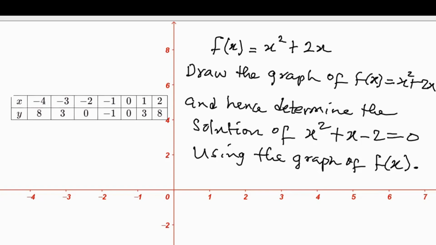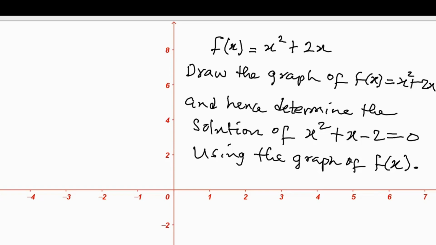Now, the next thing we do here is to populate this plane, this xy plane, with these points from our table. So we are going to plot all the points that are showing on our table right now. Okay, so we have done that.